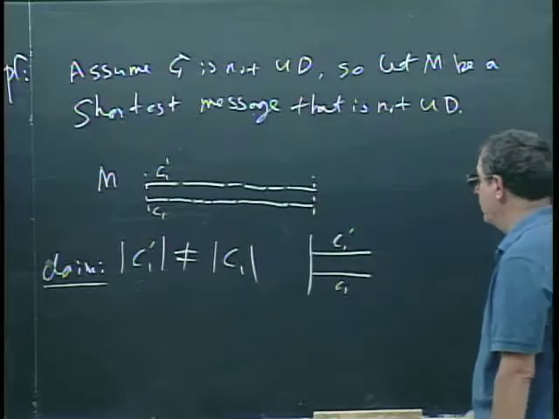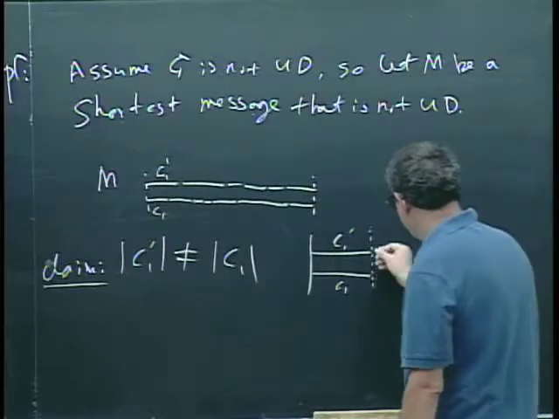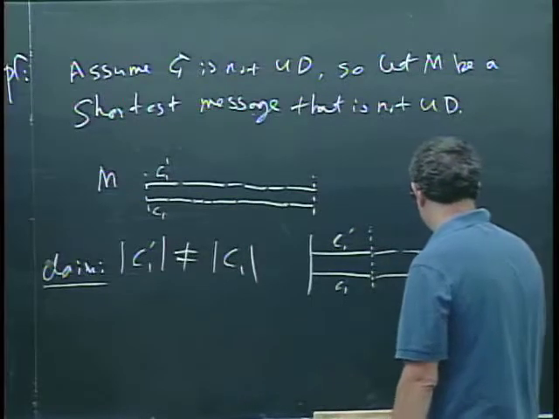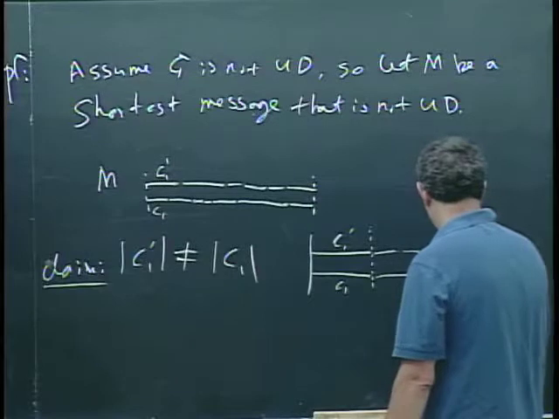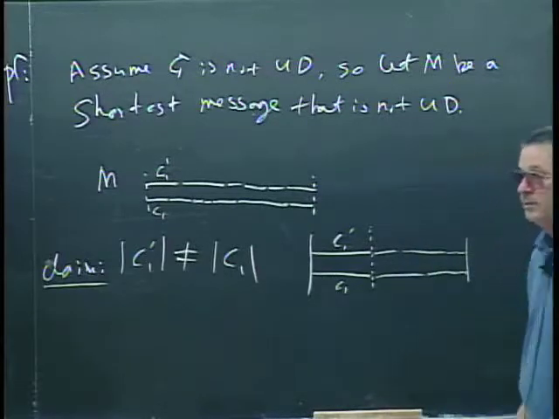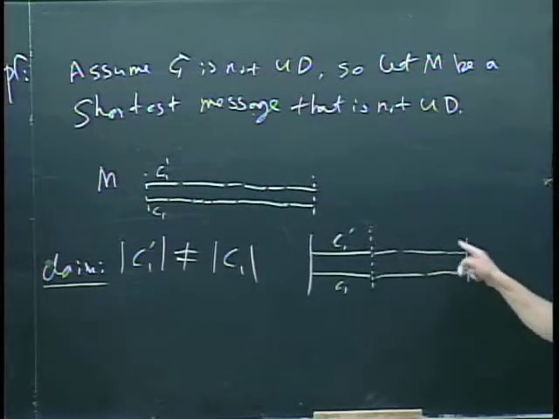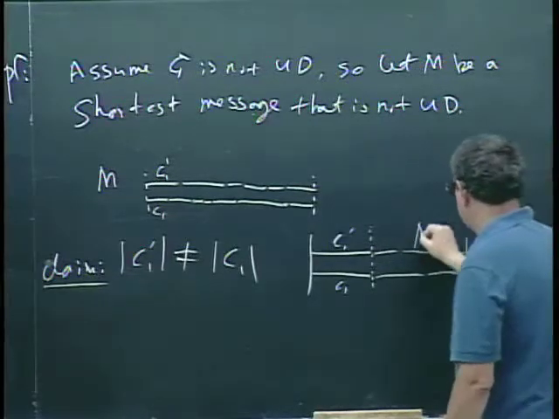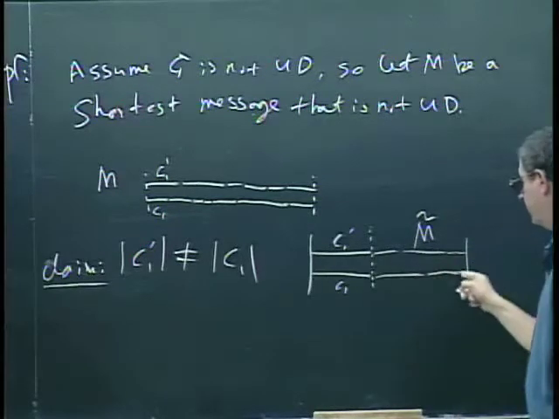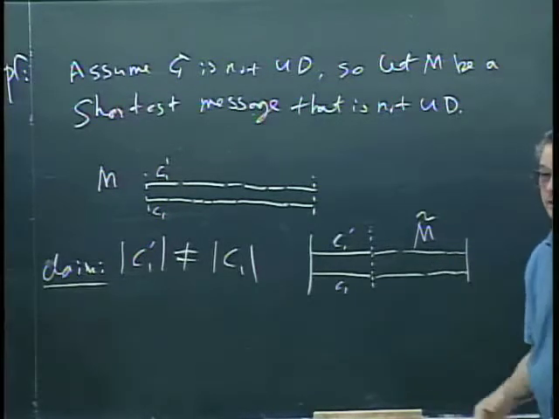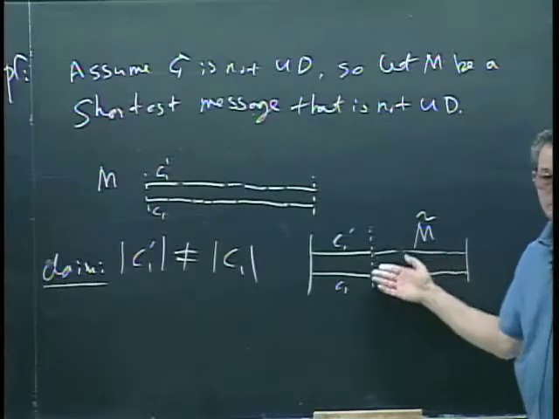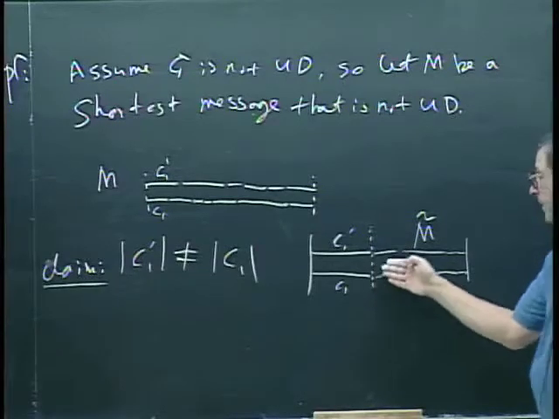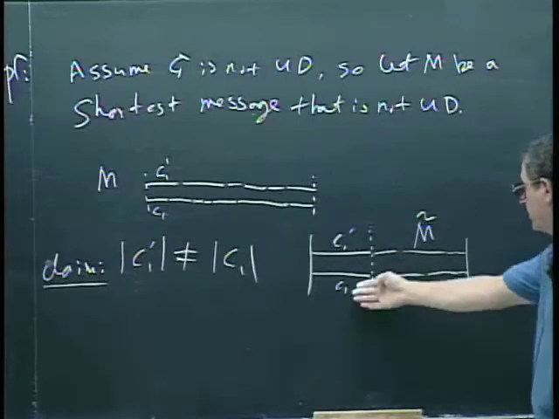Now, if they're identical, that means that from this portion onward, the two parses both ultimately spell out the remainder of M, which we'll call M tilde. This is a message, a concatenation of code words from the code, because it starts at the end of the code word C1 prime, which is equal to C1.